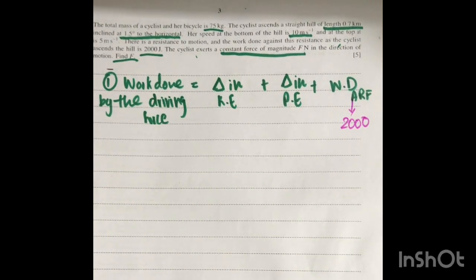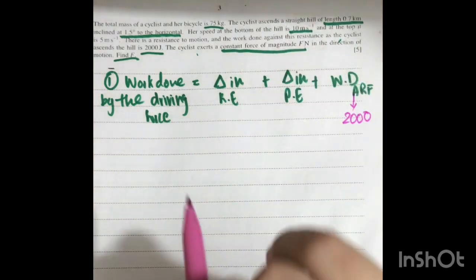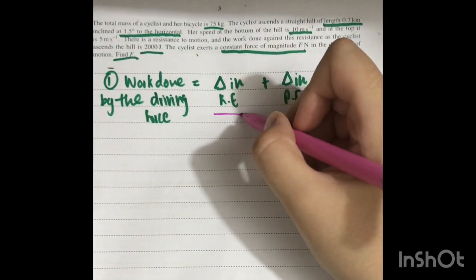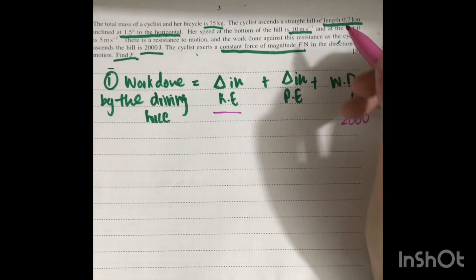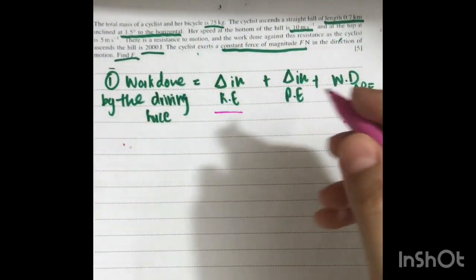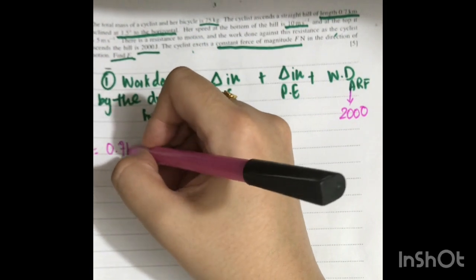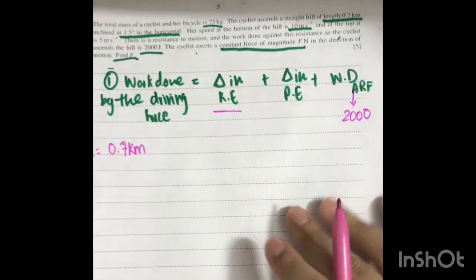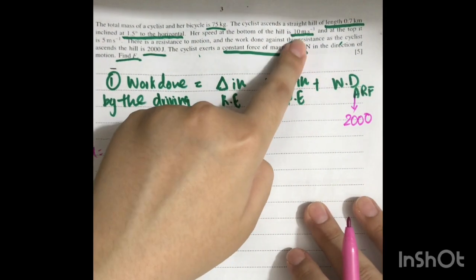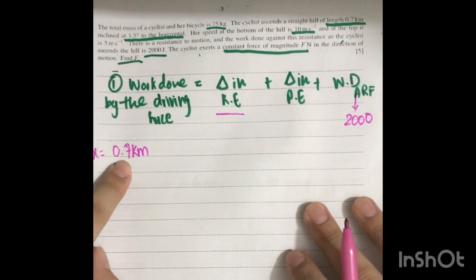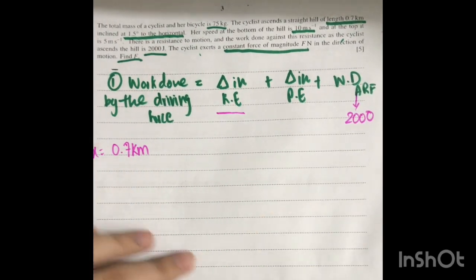So in the question, they've already given us the work done against the resistive force as 2000 joules, and they've also given us the initial speed as well as the final speed, so we can find out the change in kinetic energy. And they've also given us the distance traveled, which is 0.7 kilometers. But if you notice, the speeds are given as meters per second, which means that the distance traveled must also be in meters.